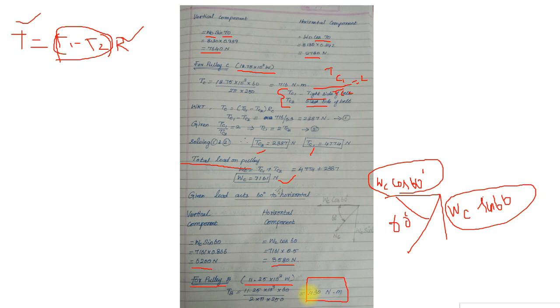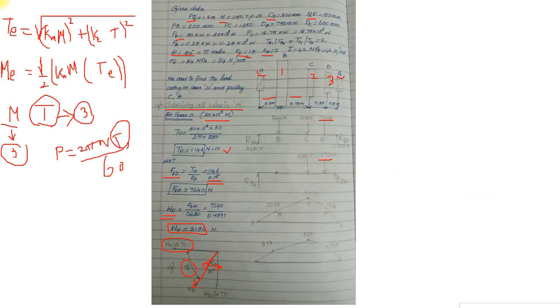I want to come to one conclusion. You can see the torque at B is 430, the torque at C is 716, and the torque at D is 1146. Can anyone tell me where the torque value will be very high, D or C or B?